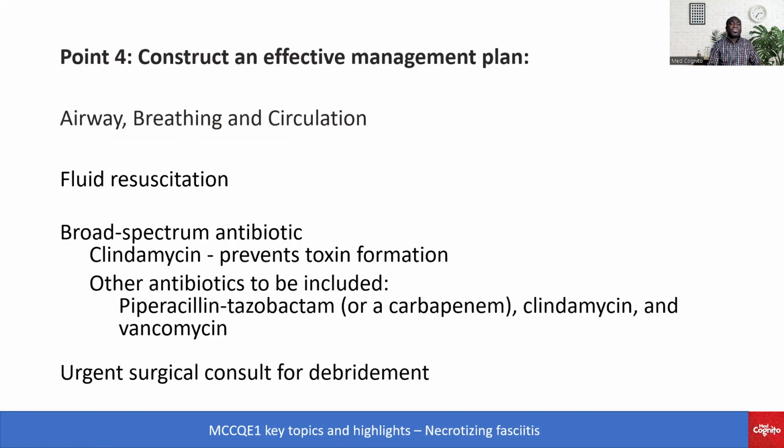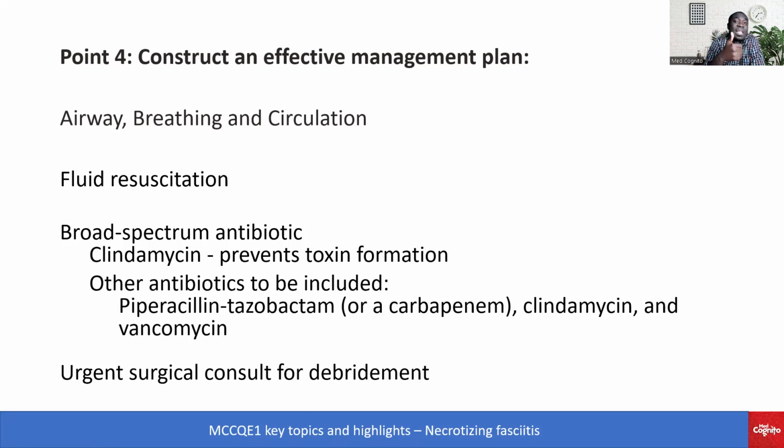And you also have to know how to construct an effective management plan. Like every emergency case, you need to make sure that the patient's airway is stable, breathing is stable, circulation is stable, okay? For necrotizing fasciitis, you want to make sure that fluid resuscitation is very important.